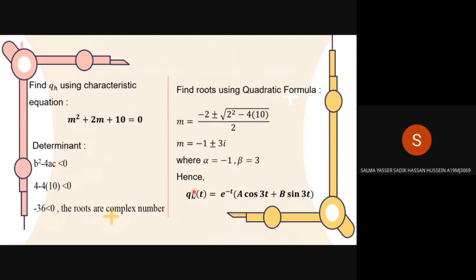Usually the homogeneous solution in this case will be e to the power of alpha t, times a cosine beta t plus b sine beta t. We substitute the values of alpha and beta into that equation to make it e to the power of -t, times a cosine 3t plus b sine 3t.